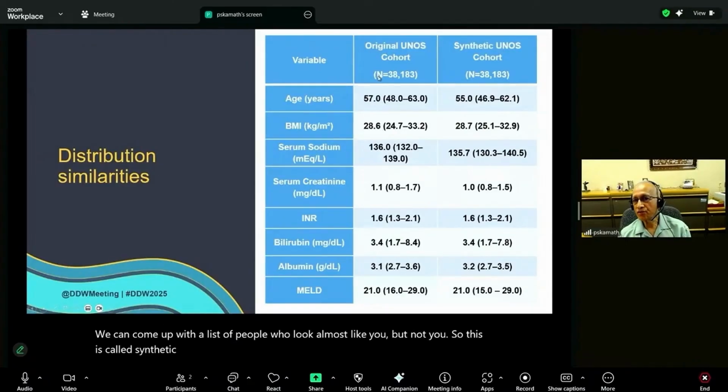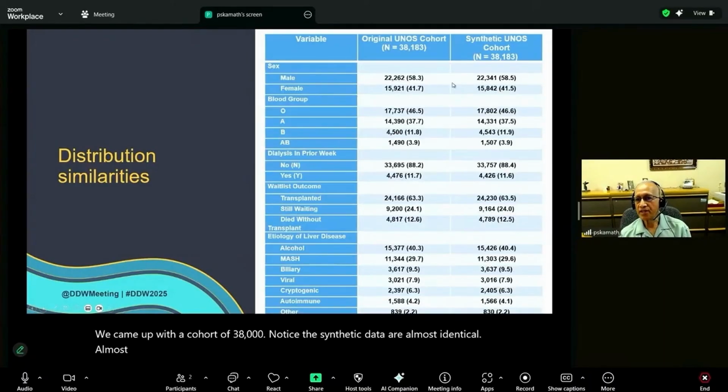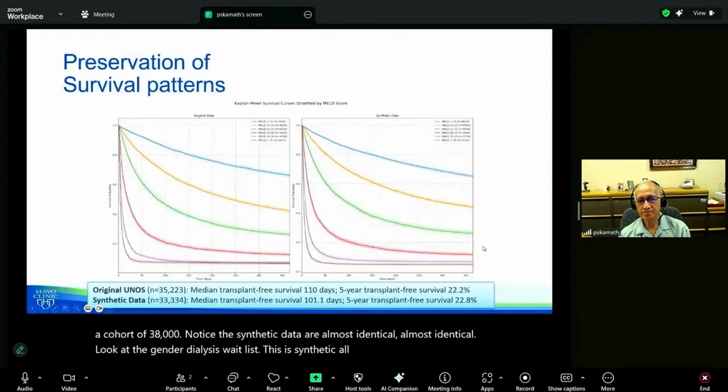So this is the UNOS data list of 38,000. We came up with a cohort of 38,000. Notice the synthetic data are almost identical. Look at the gender, dialysis, wait list. This is synthetic, all de-identified.